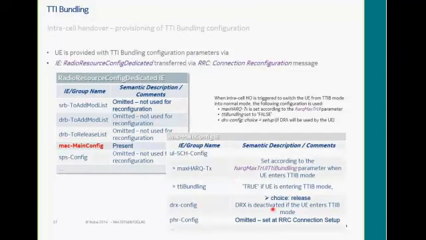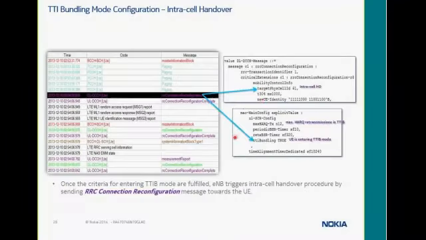We will deactivate discontinuous reception in the uplink. We will not necessarily show all of the other parameters, but we'll change the parameters that are necessary in that RRC connection reconfiguration message.